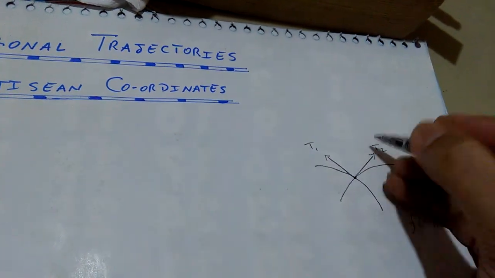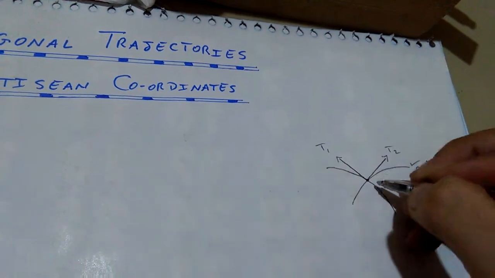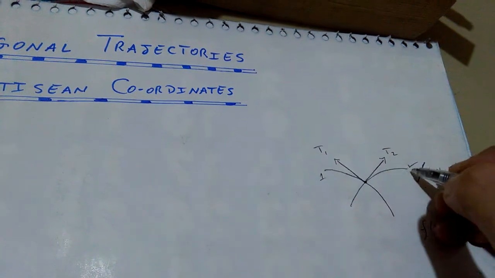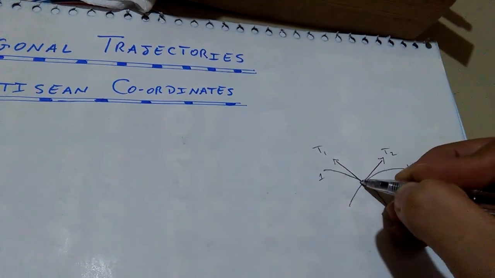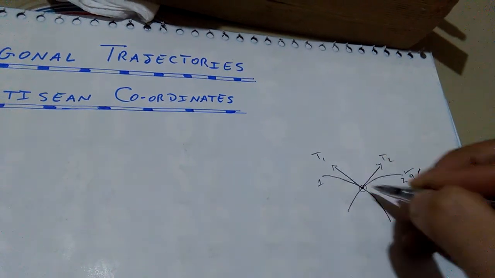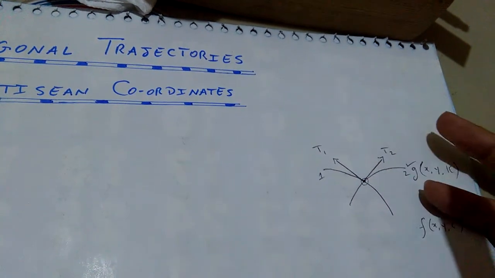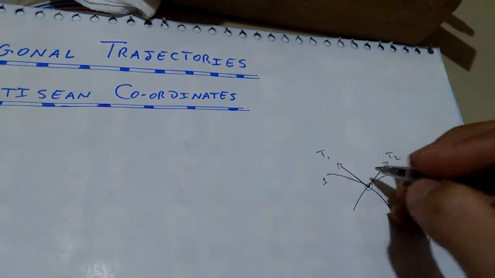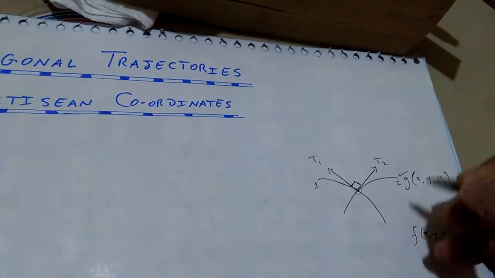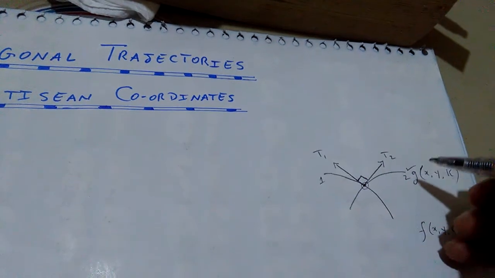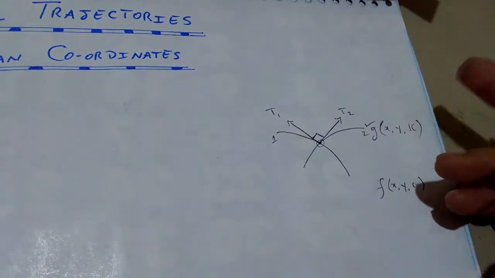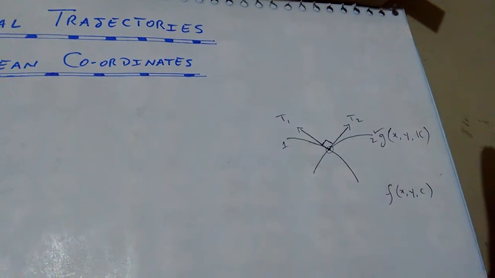If these two tangents, the tangent of this curve and the tangent of that curve at this point, are perpendicular, orthogonal, or normal to each other, forming 90 degrees, then you say that these two curves are orthogonal trajectories of one another.